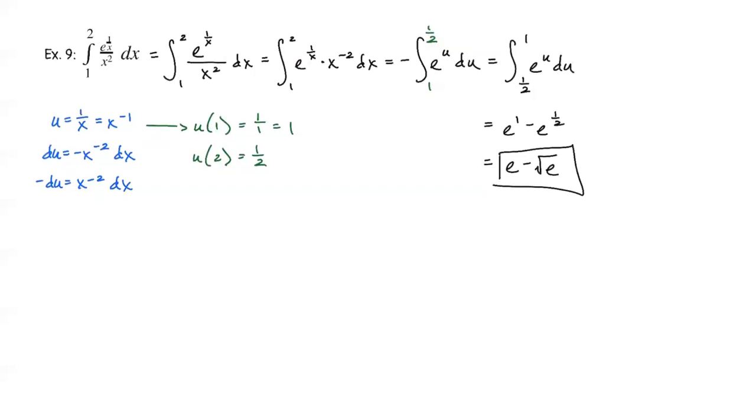All right. Now let's say in this question that you were like, I would never think to write it like this, x to the negative 2. Well, if you left the question like this, it might be useful to write your du as negative x to the negative 2 dx or negative 1 over x squared dx.